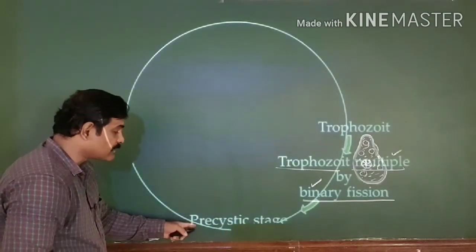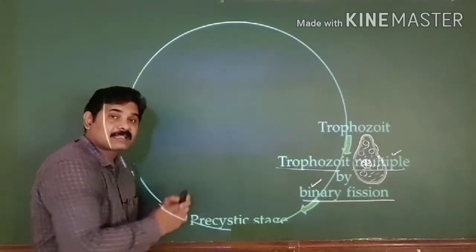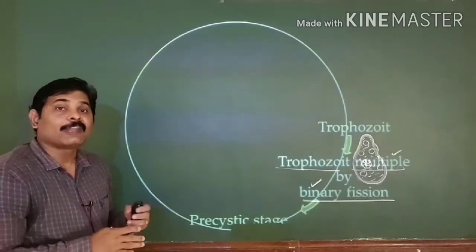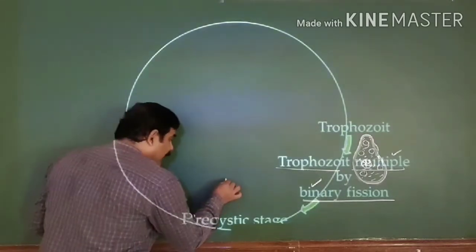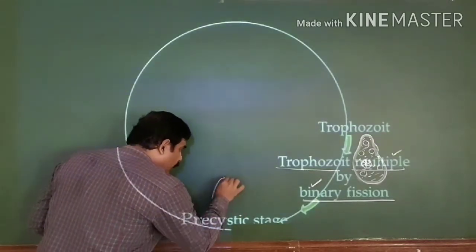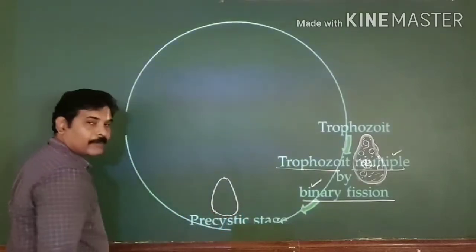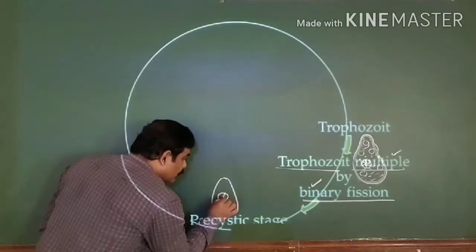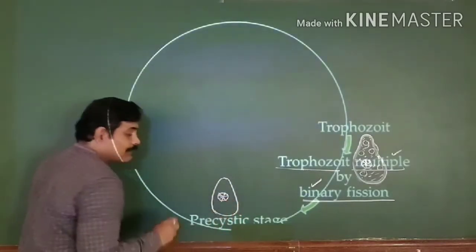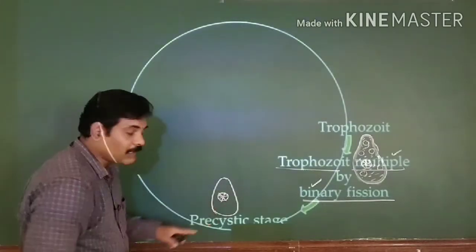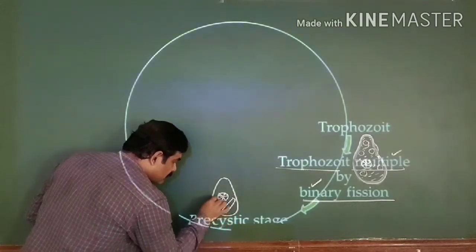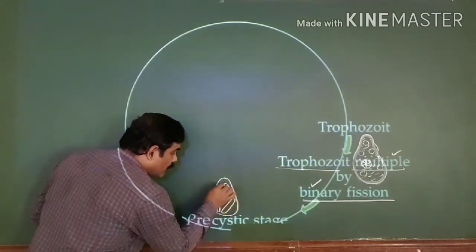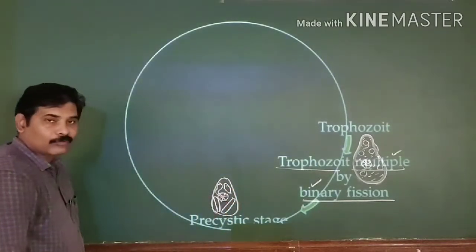So this is the pre-cystic stage. I already explained that this pre-cystic stage is a non-motile and non-feeding stage. It is either oval or spherical in shape. It also has a nucleus, right? The characteristic feature of this one is that it has chromatoid bodies and glycogen granules also.